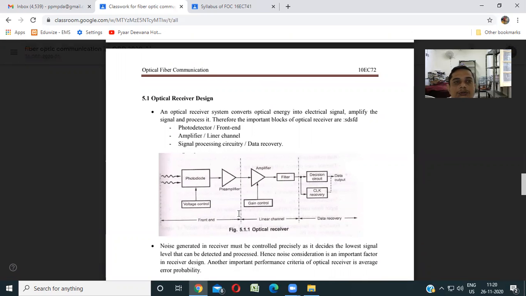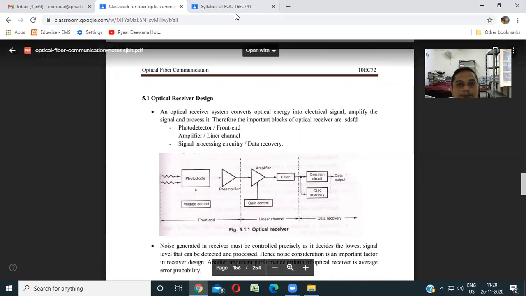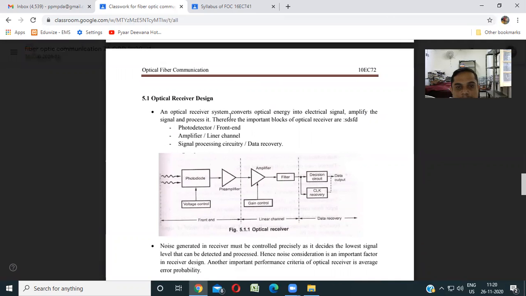An optical receiver design is a system which converts the optical energy into the electrical signal and also amplifies the signal and processes it. The optical receiver system is made up of three blocks. First one is a photo detector.